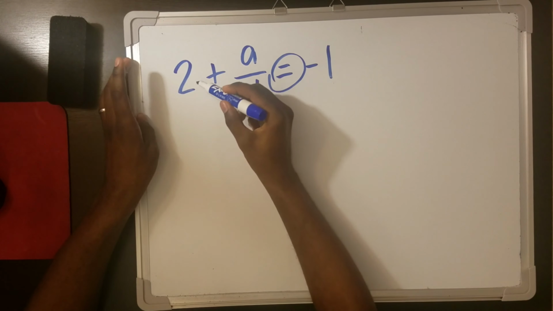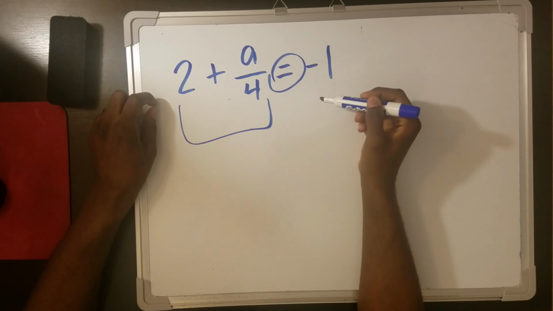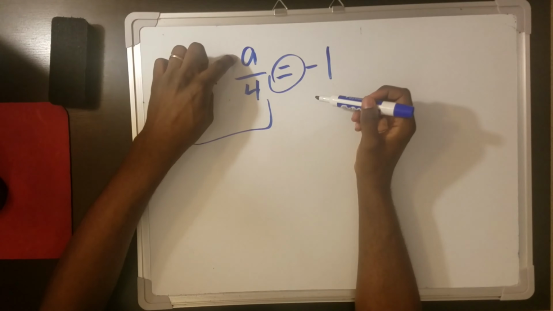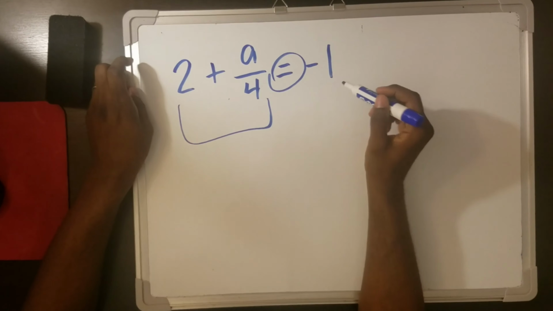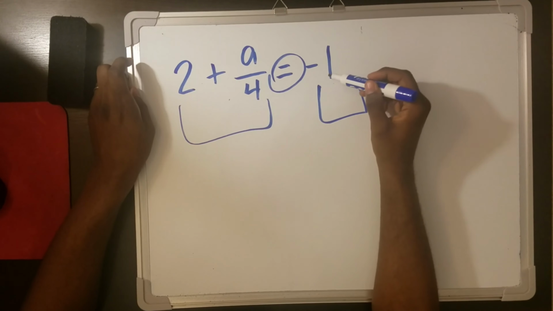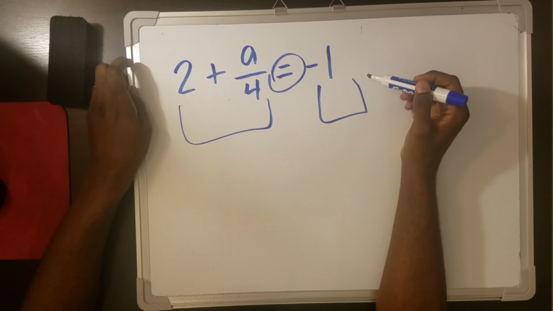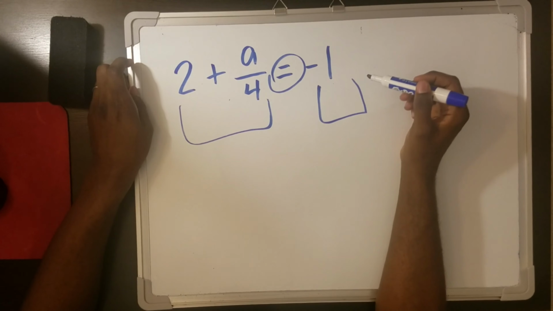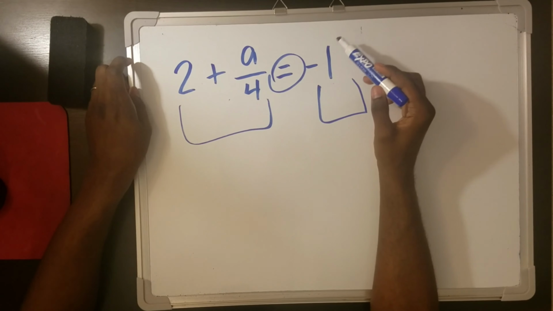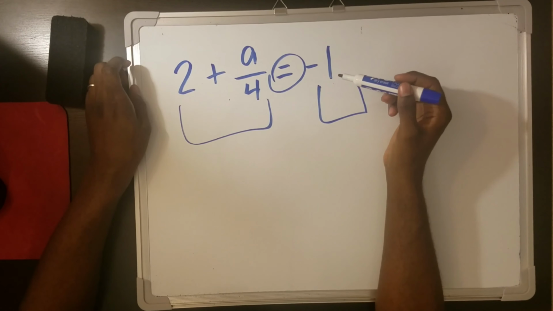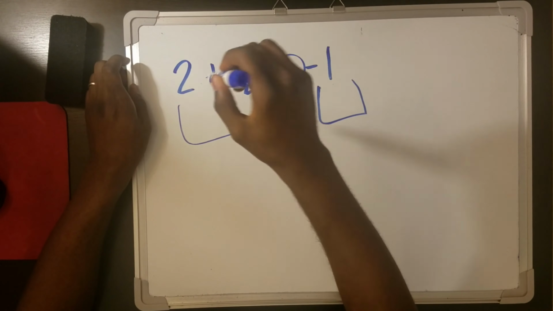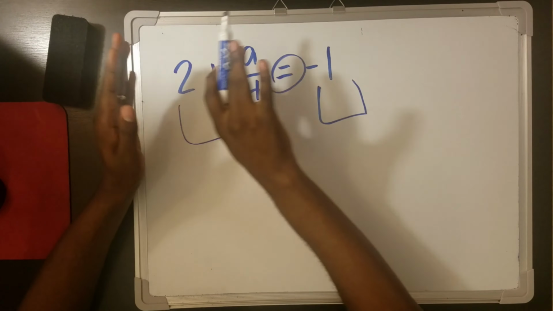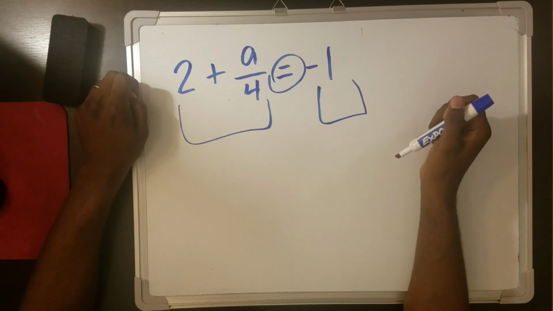So you see on this side of the equal sign, we have 2 plus a over 4. On this side of the equal sign, we have negative 1. So, in order to solve for a, or any other letter it may be, we want to keep a on this side and move everything else to this side.